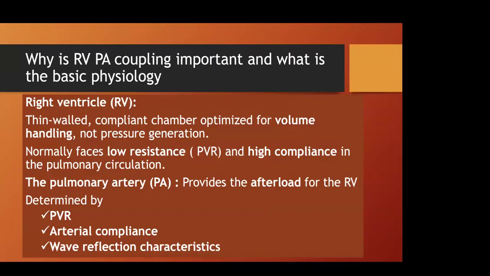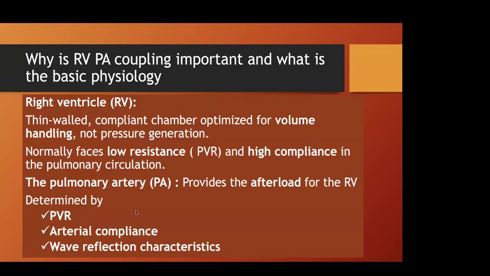There are ways to measure this, but what we generally talk about is the pulmonary arterial pressures, which indicate the PVR. So remember, it's a lumped index. It's not the only factor contributing to the PA pressures. The arterial compliance and the wave reflection also contribute to the PA pressures.